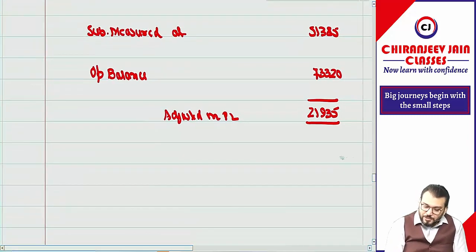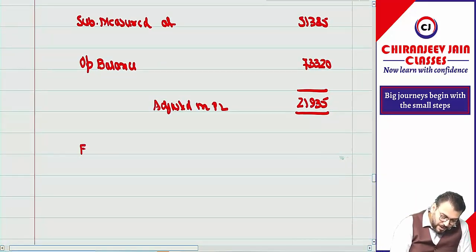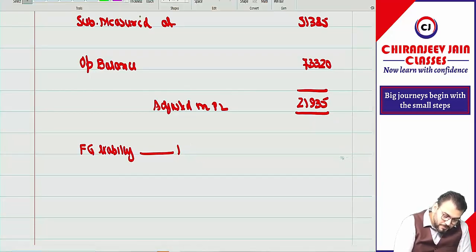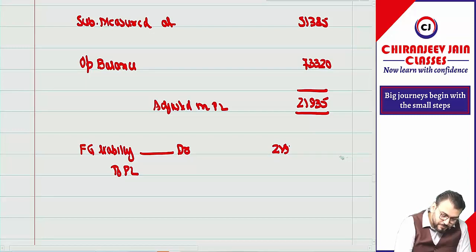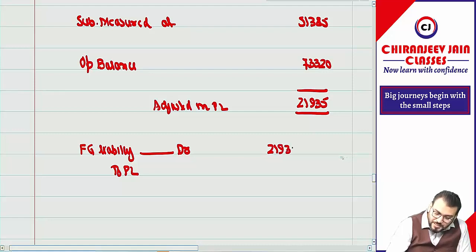So the journal entry is: financial guarantee liability account debit to PL, 21935.